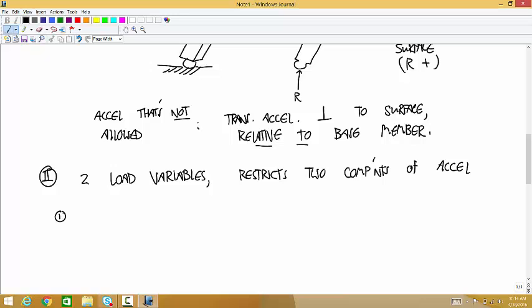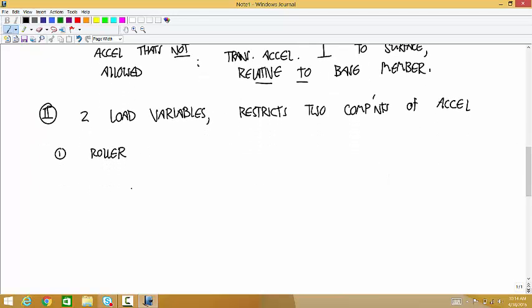The first one in this category is a roller. I think I'll just do this as a single one. So we'll just call this a roller.